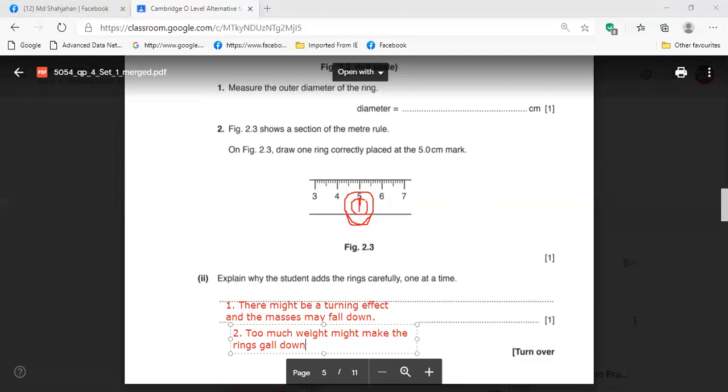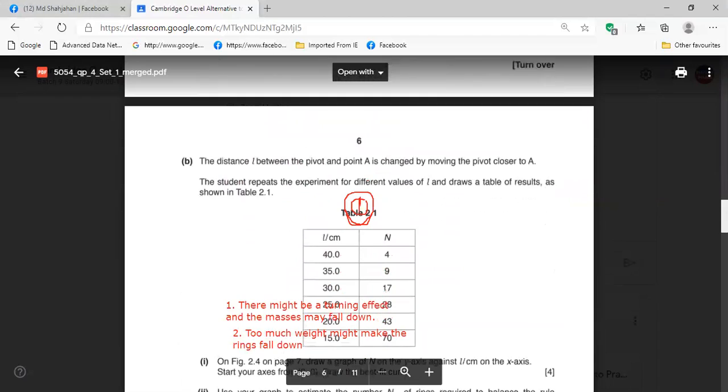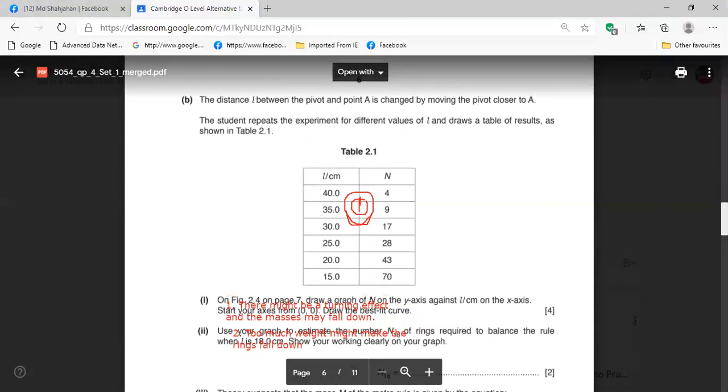Okay, so a similar idea, right? Fall down. Okay, fine. Your idea is correct. Both the ideas are correct and very similar ideas. Okay, now we are going to the next one. Yeah, continue, Abir.